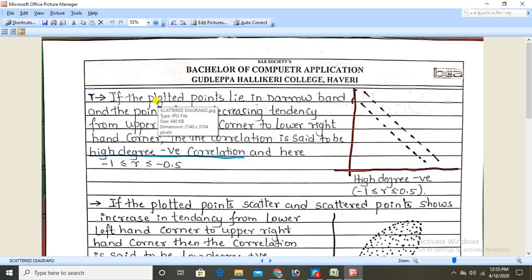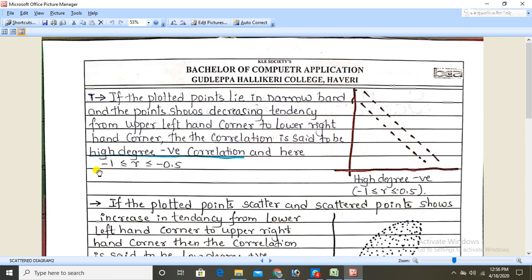Next, if the plotted points lie in a narrow band and show a decreasing tendency, earlier it was an increasing tendency but here it is decreasing, from the upper left hand corner to the lower right hand corner, it is said to be high degree negative correlation.